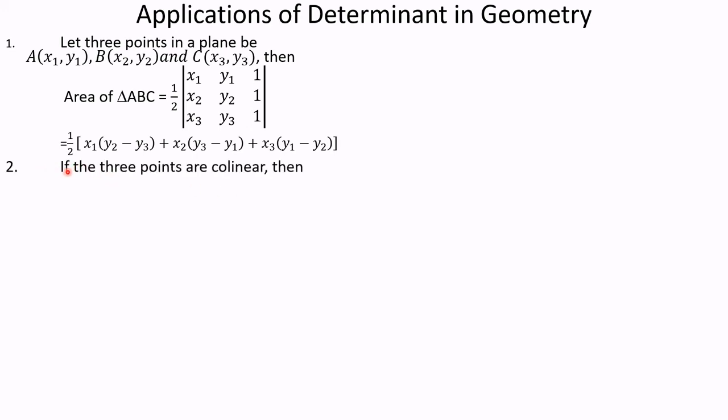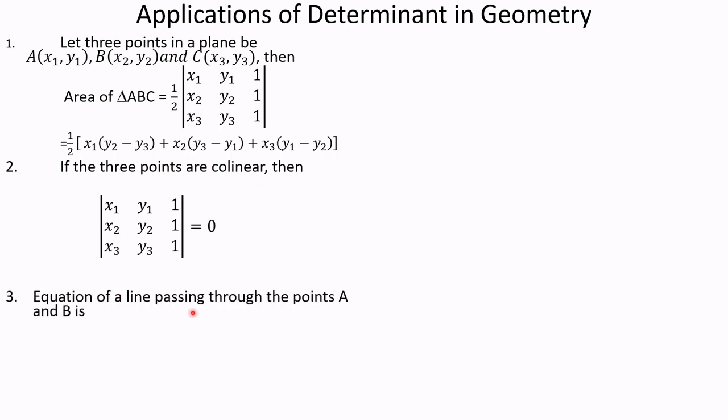Point number 2. If the 3 points are collinear, that is, if A, B and C lie on the same line, then the determinant x1, y1, 1, x2, y2, 1, x3, y3, 1 equals 0. Therefore, the value of the determinant is 0 if the 3 points are collinear or they lie on the same line.